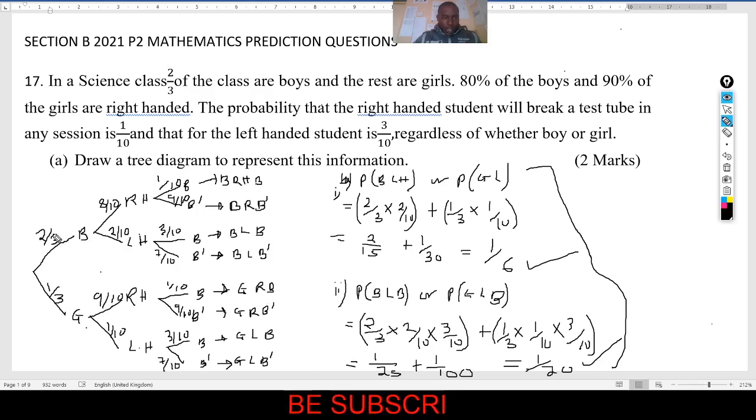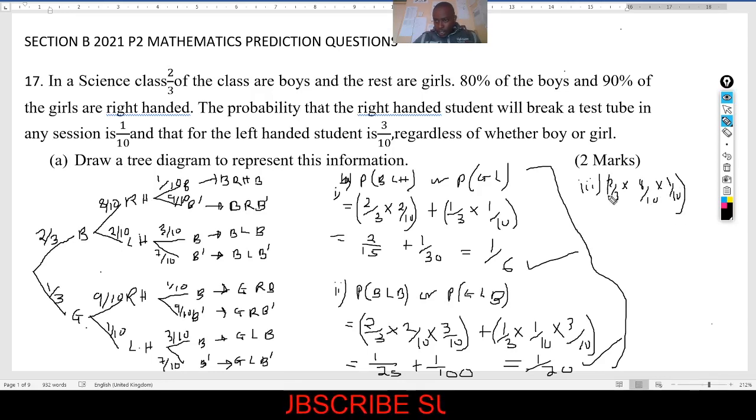The probability is 2/3 times 8/10 times 1/10.